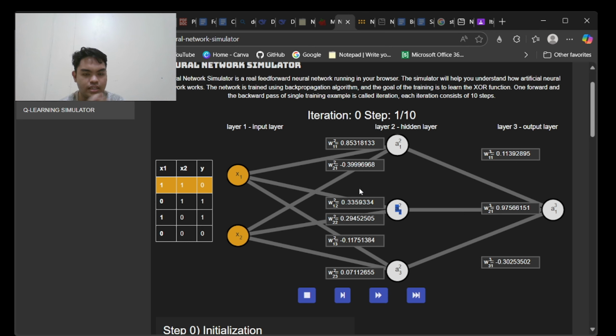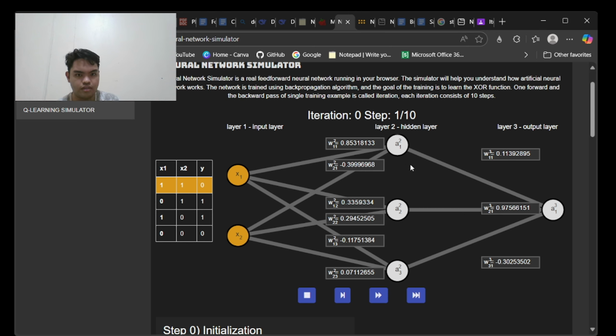Our third neuron is less active, as you can see here. The sigma is the sigmoid function, which just squishes any value to between 0 and 1.